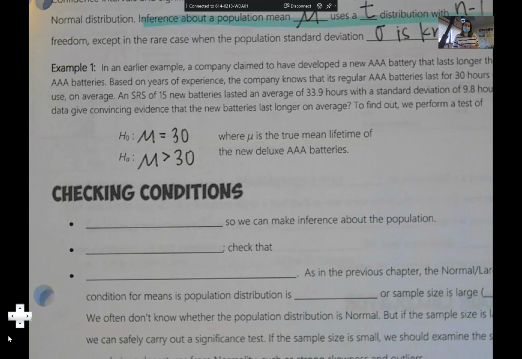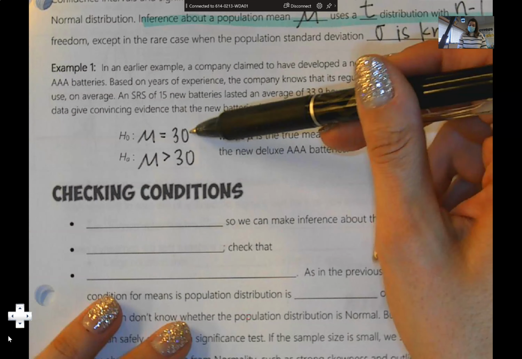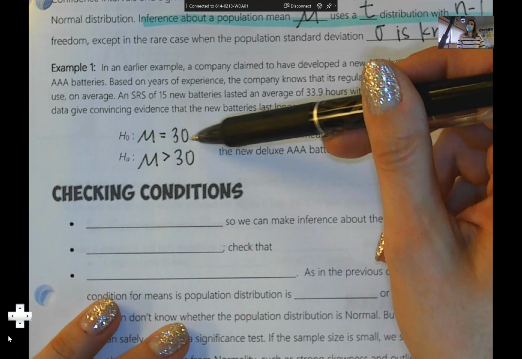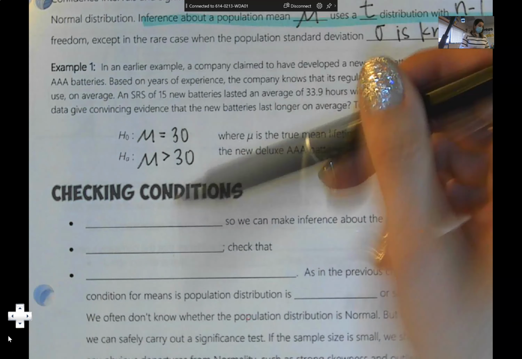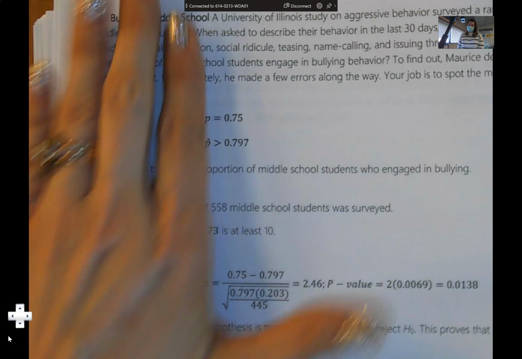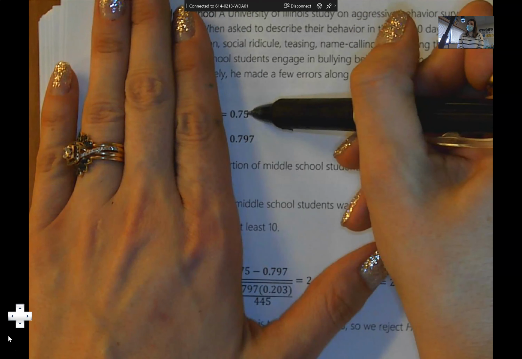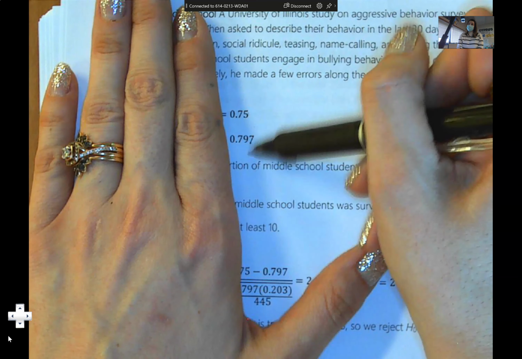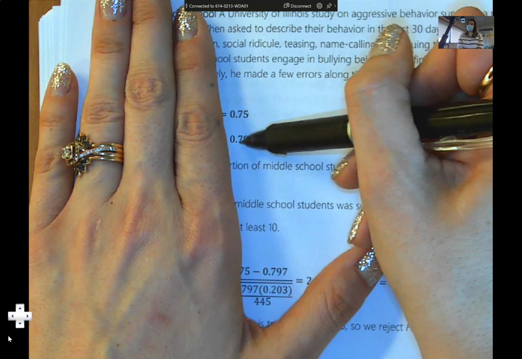Because we want to know, do these batteries last longer? One thing to note that's really important is that the numbers in your hypotheses are the same. So on this previous problem where you have to correct the error, one of the biggest issues is that these should both be 0.75. Whatever your hypotheses are, those numbers both need to be the same.